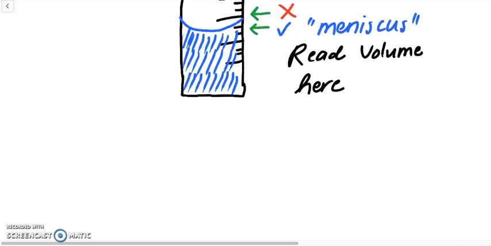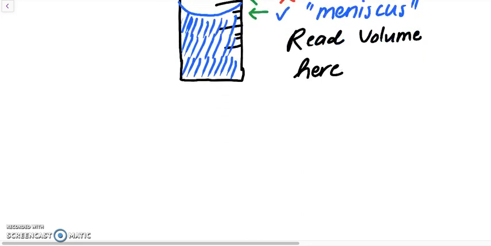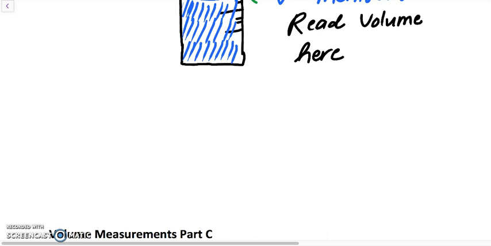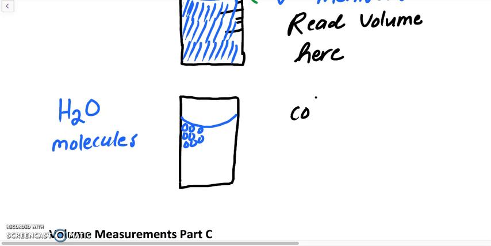And what's happening is that this is composed of water molecules. So let me redraw this. So there are my water molecules, H2O molecules. And there are two forces at play here. There is something called cohesion, and that's the attraction to other water molecules.